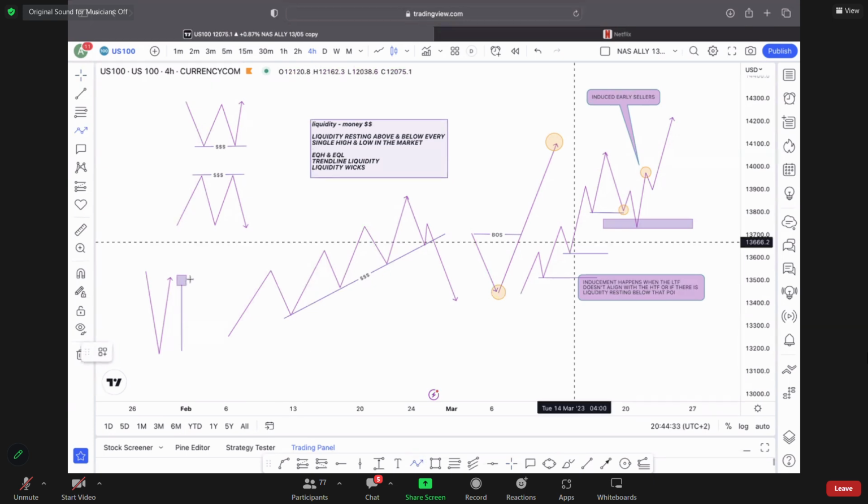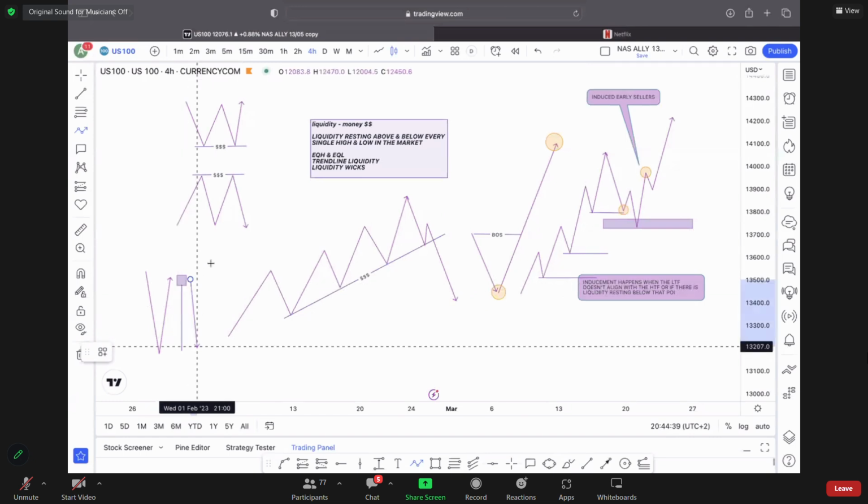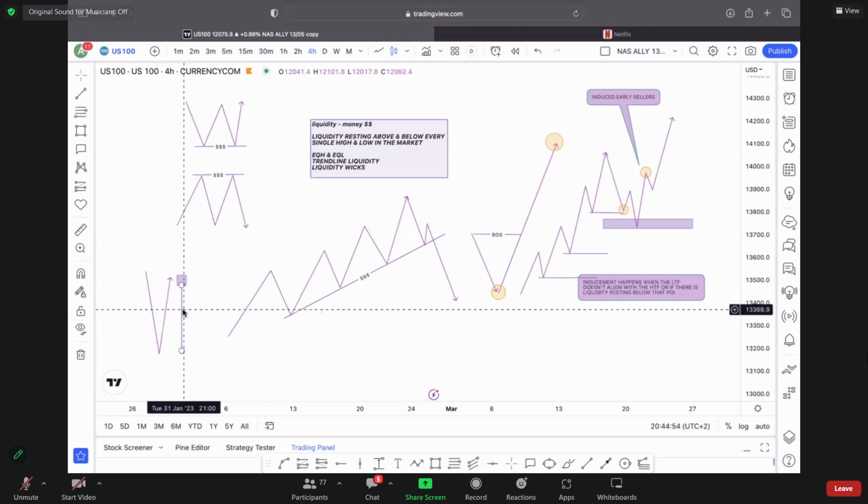The market can come and fill this wick, if not even liquidate it, and then start pushing up, and most of the time it will be with the full body. So if there is a liquidity wick, just know that there is liquidity resting in that structure.